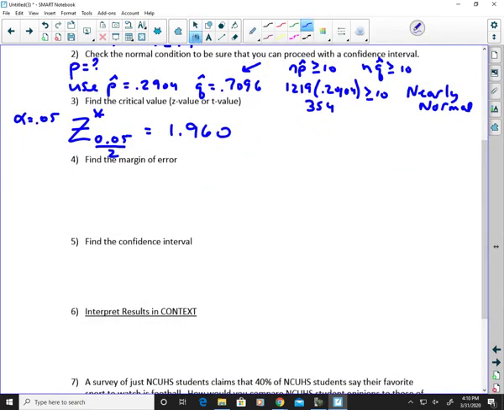Okay, so now I'm going to find my margin of error, and that takes my critical z value. If I don't want to write the subscript, I don't really have to.